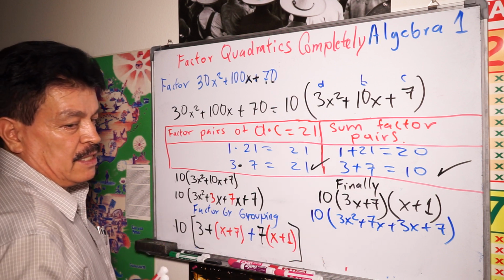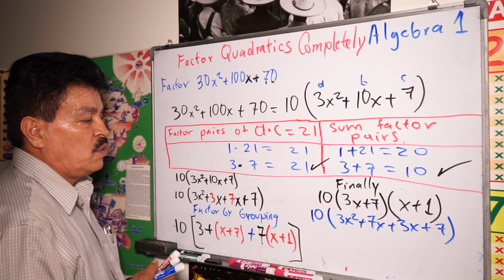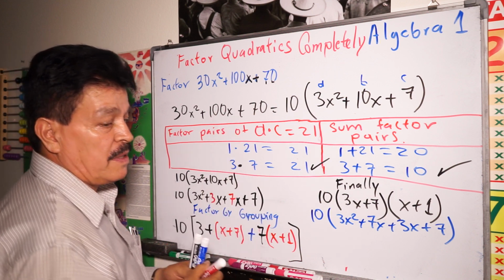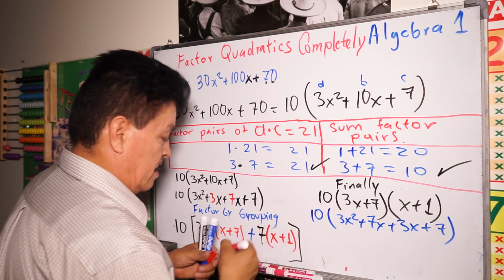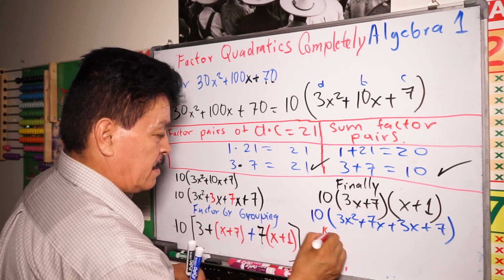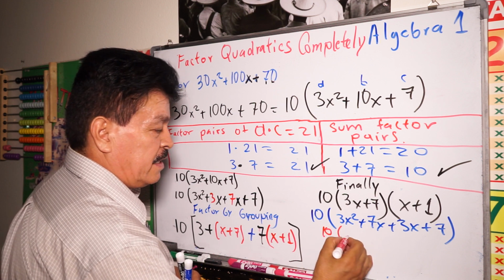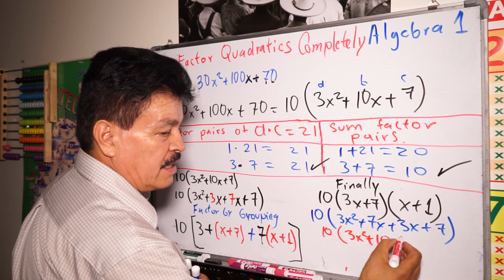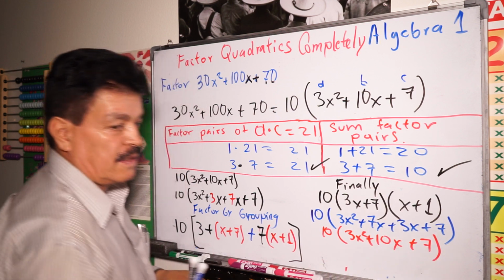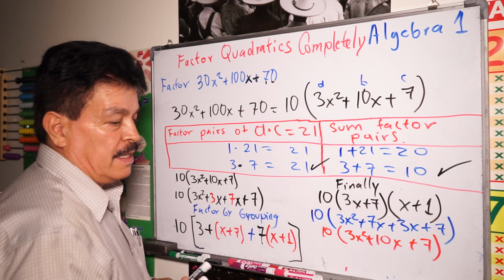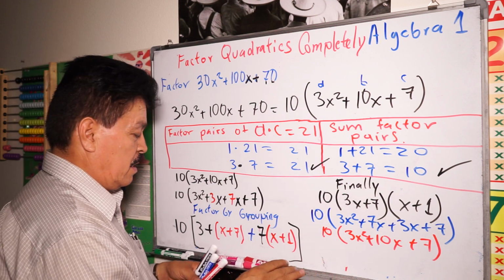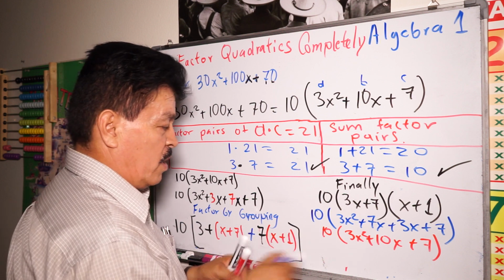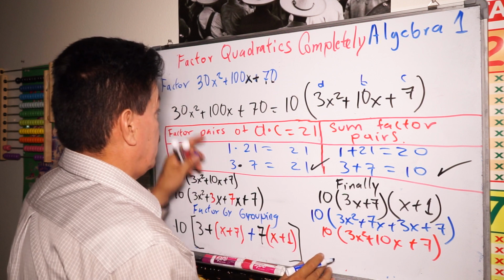So then you have our problem: 10 times 3x squared plus 10x, you added this, plus 7.